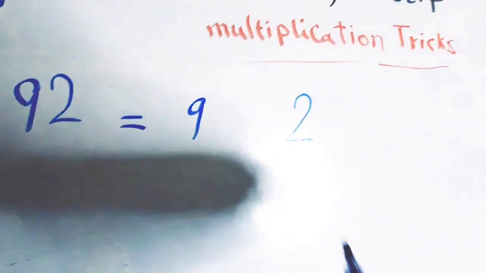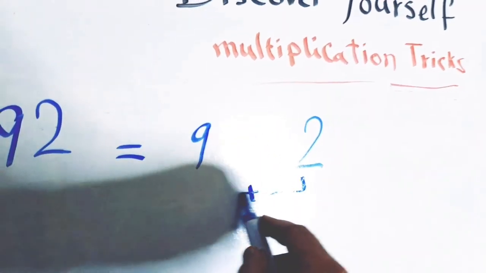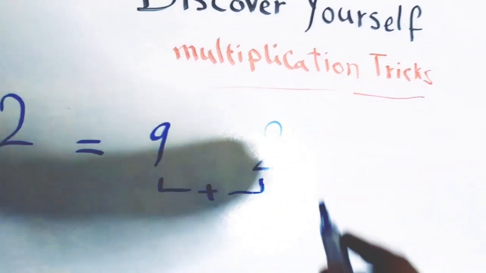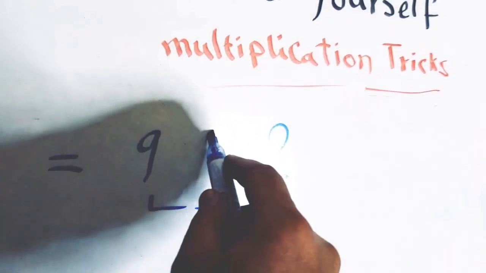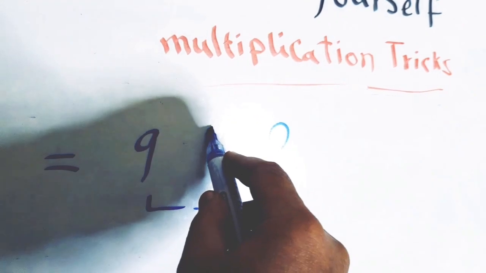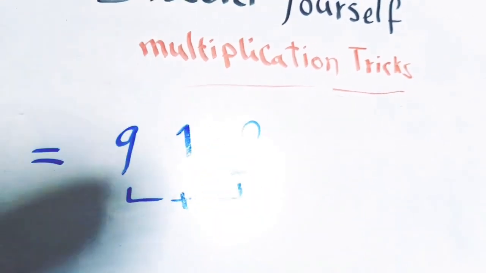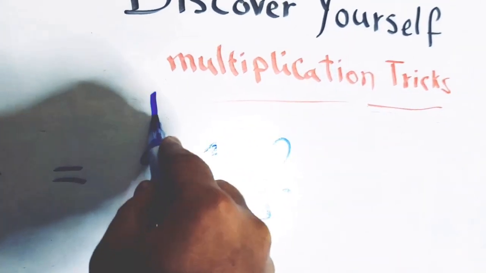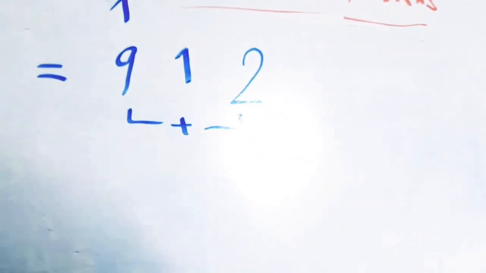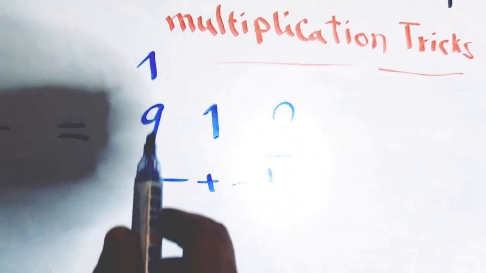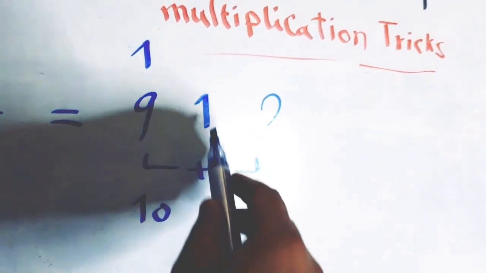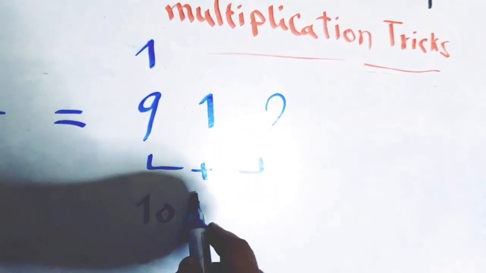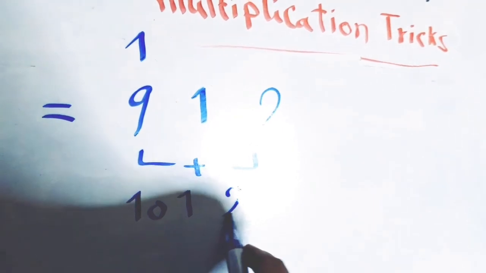Then we do addition. 9 plus 2 equals 11. We write 11 this way. We write 1 and carry over 1 and do addition. 9 plus 1, 10. 1 is written as it is. 2 is written as it is.